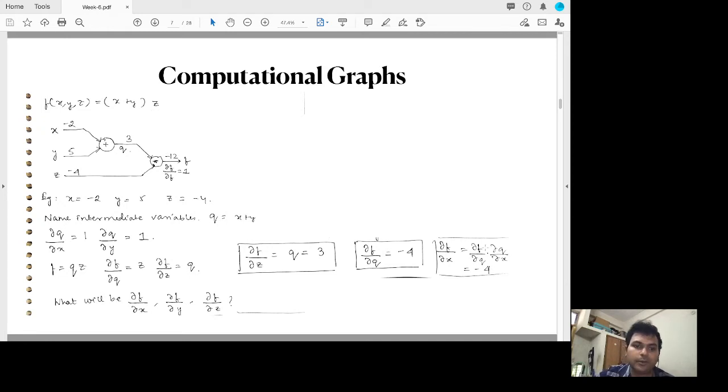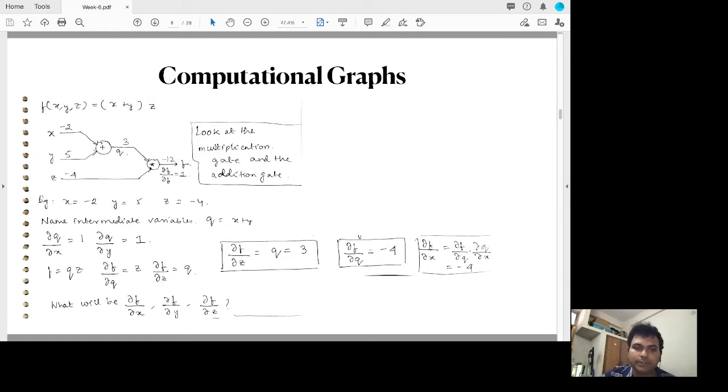So this is how computational graphs are computed or used. One thing I would like you to look at keenly is the multiplication gate and the addition gate. These are the two gates here. One is plus and one is this particular multiplication.